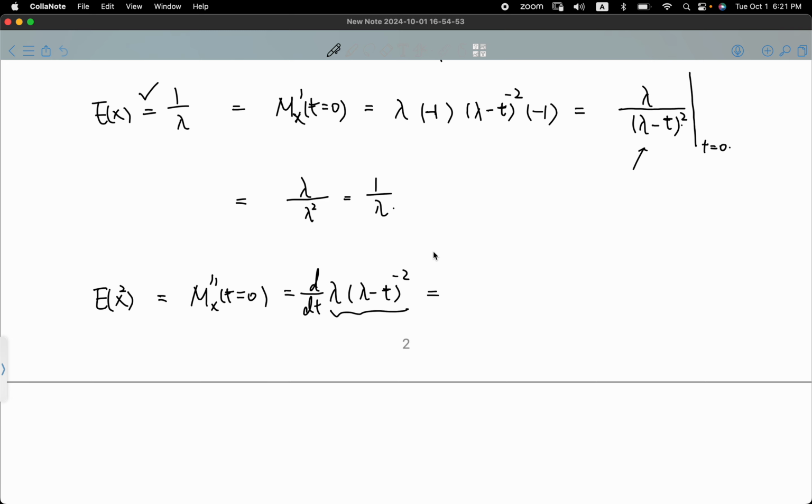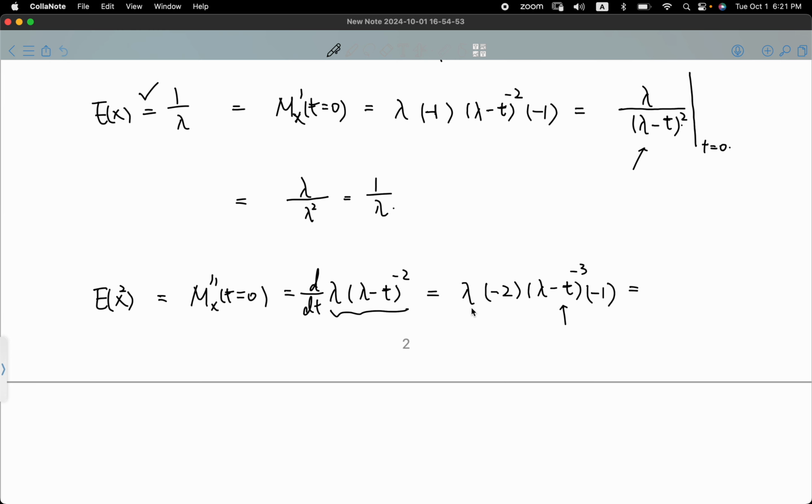So maybe we can work on the terms one by one. So lambda here is a constant, or just a coefficient. And then you have a negative 2 in the front. And then for the chain rule, you will have lambda minus t raised to the power of negative 3. And then you also need to apply the chain rule again for the terms inside the parenthesis, and then you have an additional negative 1 here.